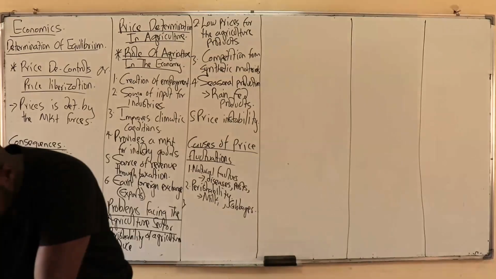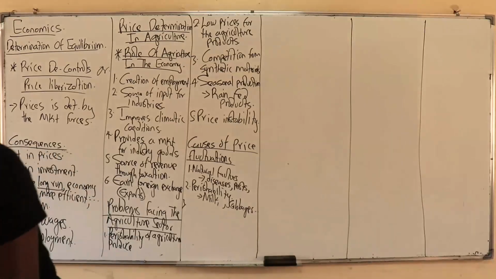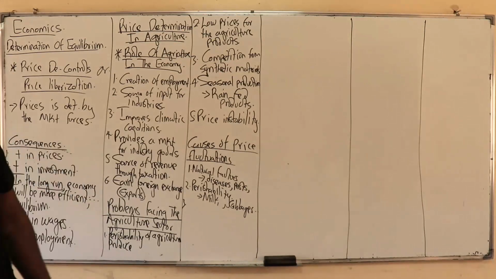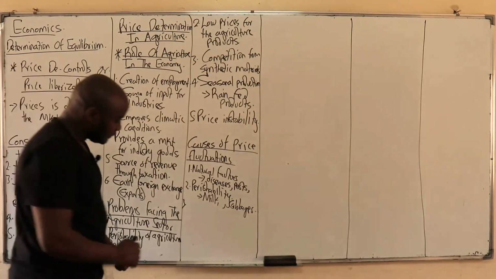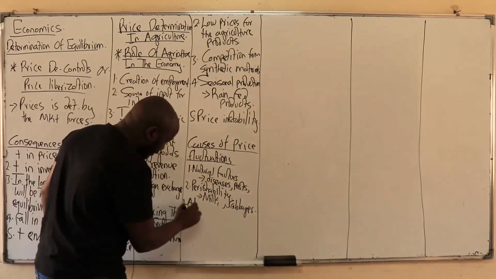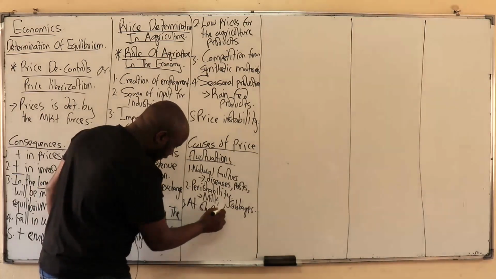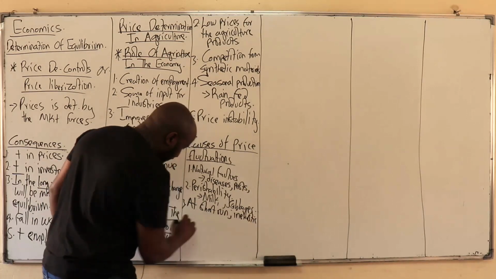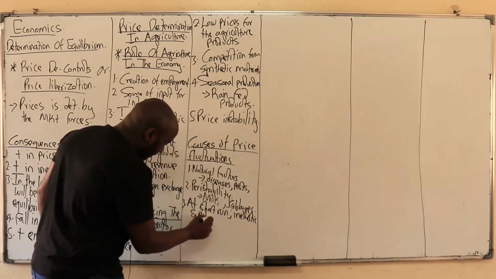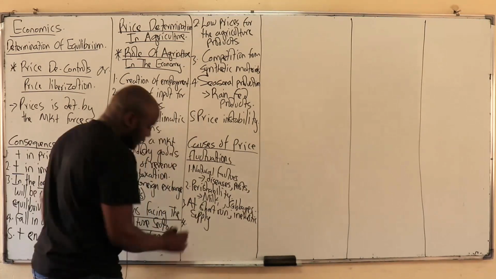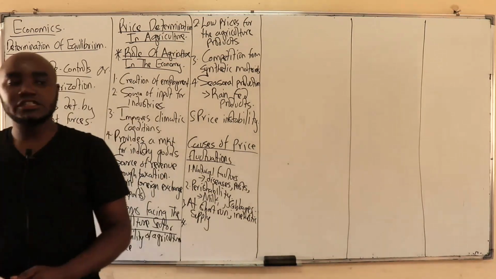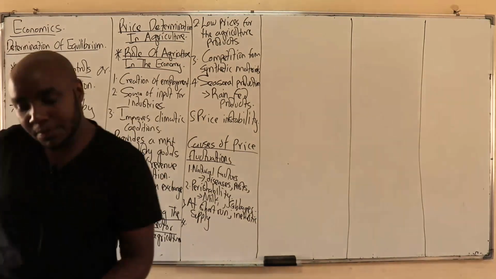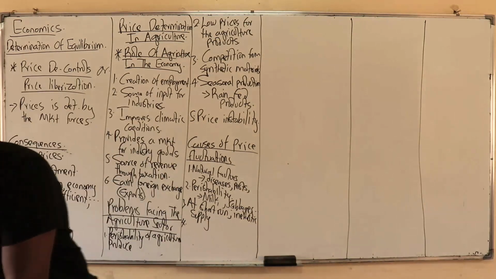Then, when you're talking about the short run, there is inelastic supply of the agriculture products.